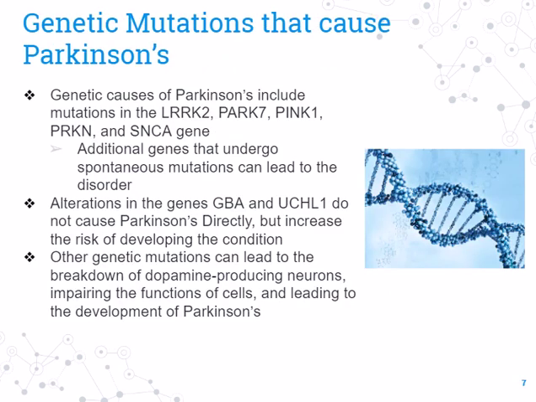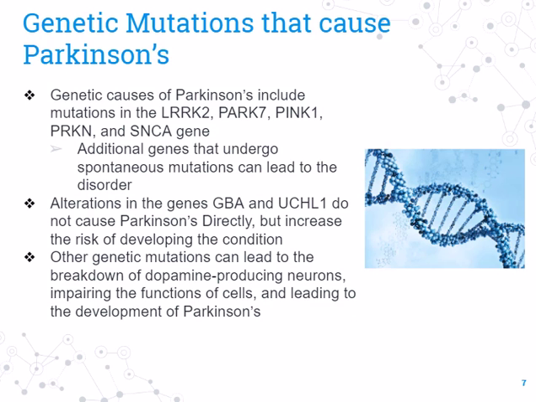Getting more into genetic mutations, as I just said, there are a couple that cause Parkinson's, including mutations in the LRRK2 gene, PARK7 gene, PINK1 gene, PRKN gene, and the SNCA gene. There are also additional ones that could cause Parkinson's via spontaneous mutations for the disorder.